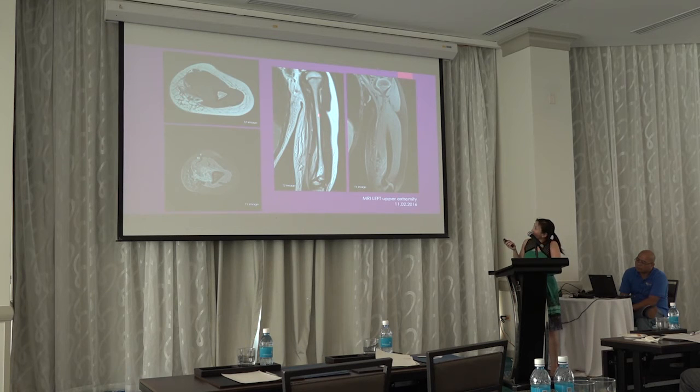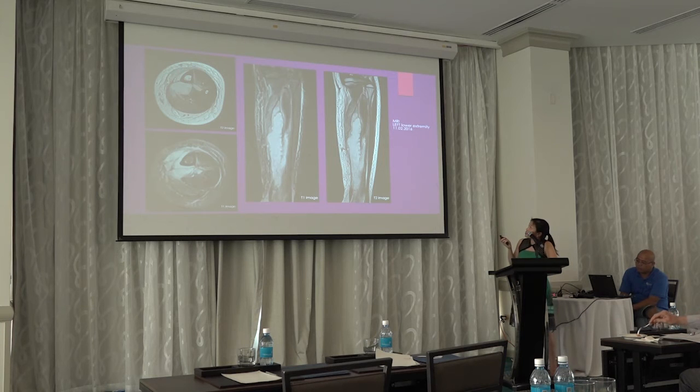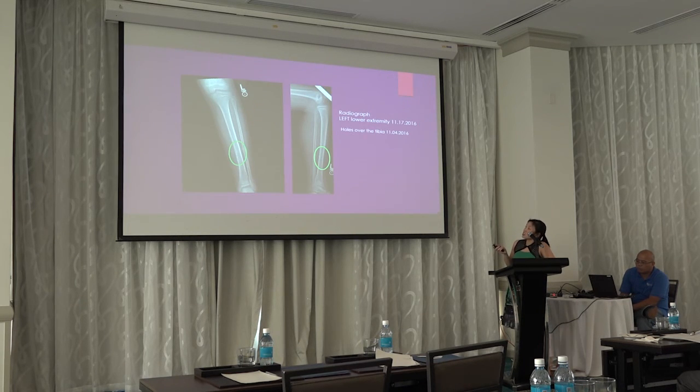And this one doesn't look normal either. This is her left lower extremity MRI, which shows a lot of inflammation in the long bone on T1 and T2, as well as around the muscle area. She actually had subperiosteal abscesses and a lot of myositis. She had holes drilled into the bone to drain the abscesses, so those are her bone holes.